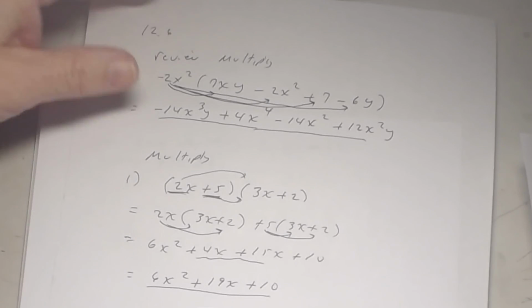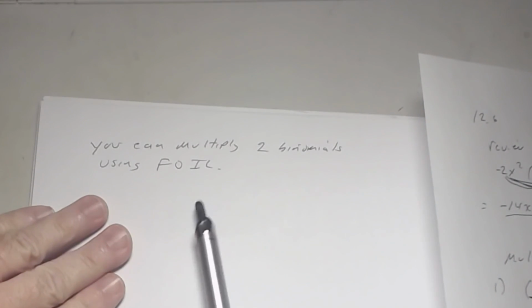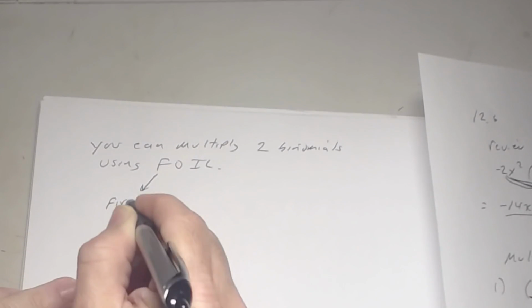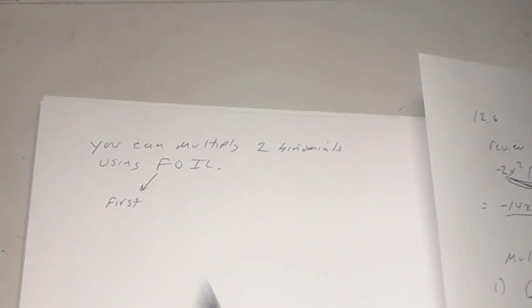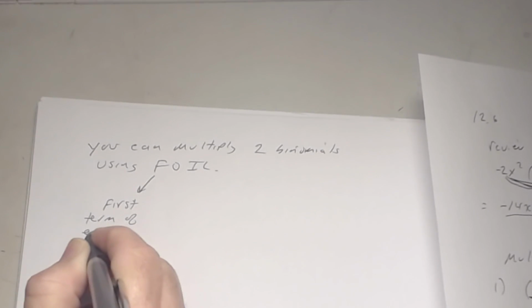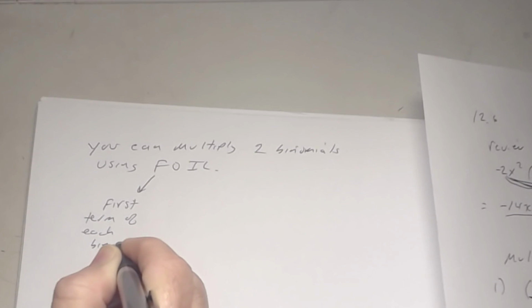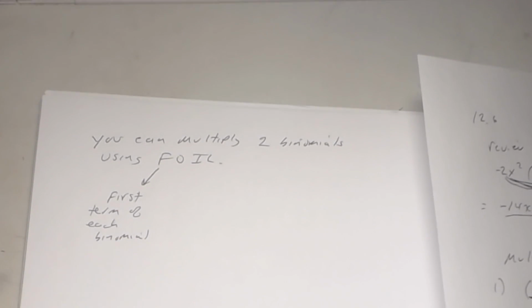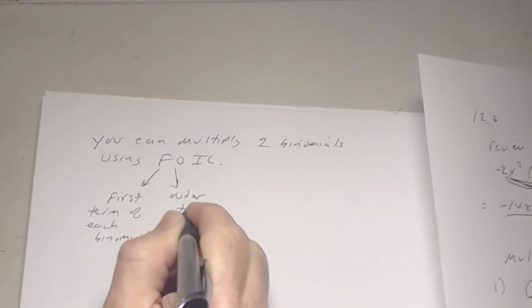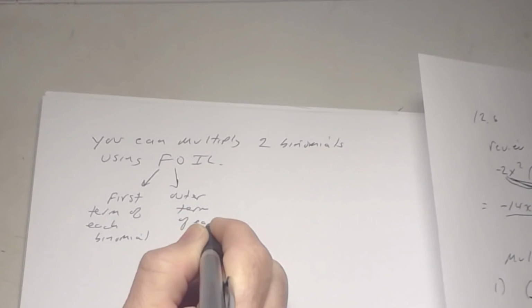Okay, so here's how we're going to do this. All right, so you can multiply two binomials using FOIL, and the F here stands for first, meaning the first terms. I'm going to put this first term of each binomial. All right, first term of each binomial. The O stands for outer, which would be the outer term of each binomial.